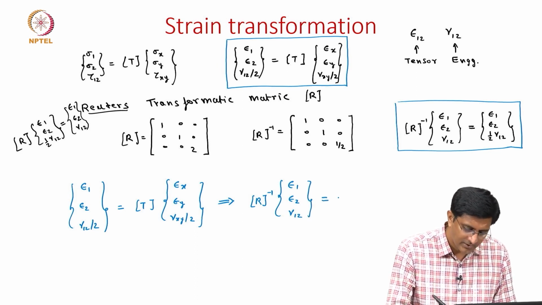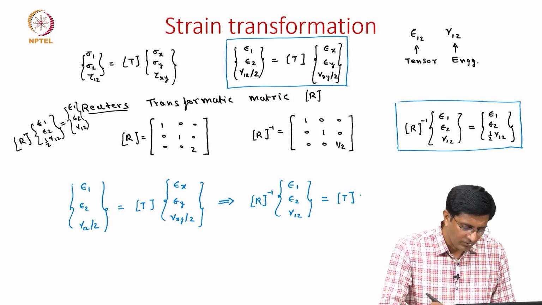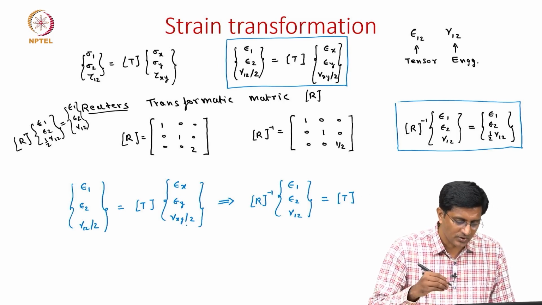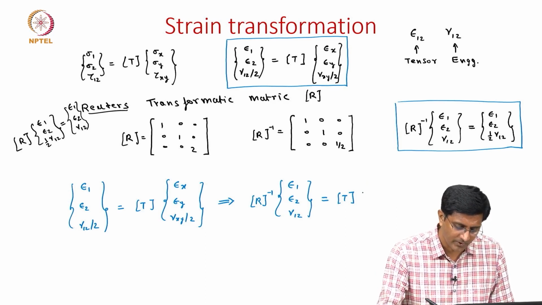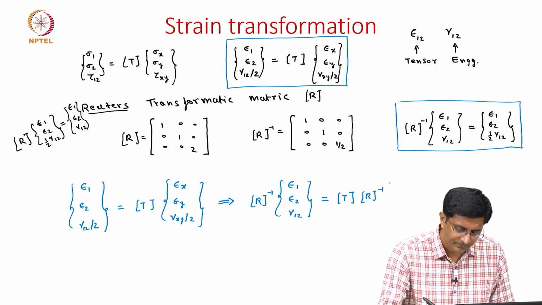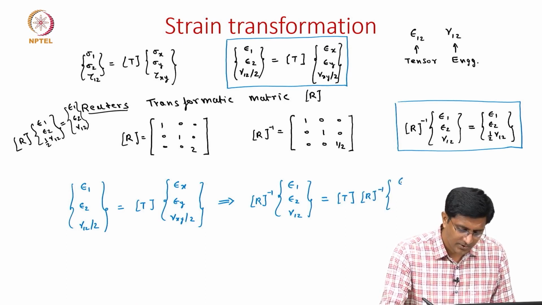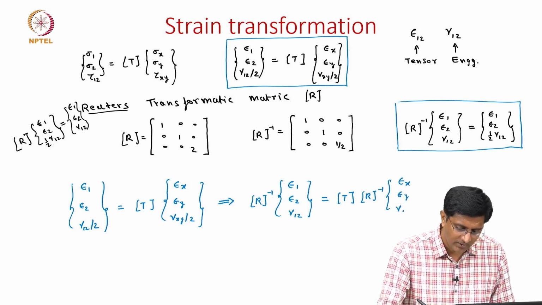And for the right hand side, we retain the transformation matrix T and replace this vector written in tensor format with the engineering format, where we introduce this R inverse times strains epsilon x, epsilon y and gamma x y.